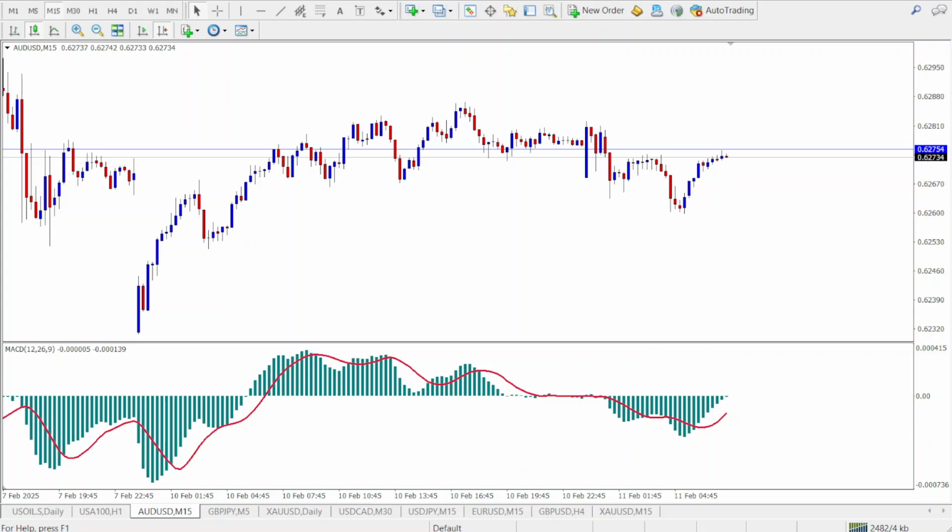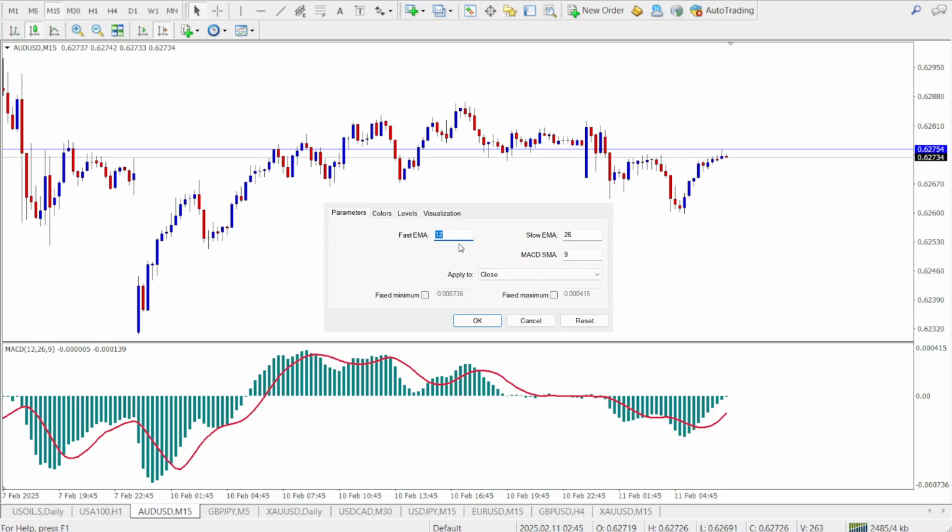Now let's talk about the best MACD settings for day trading. While the default is 12, 26, 9, it works well for swing trading, but can be a bit too slow for intraday setups. So for faster signals, you can try adjusting your MACD settings to 6 for the fast EMA, 13 for the slow EMA, and 5 for the MACD SMA.